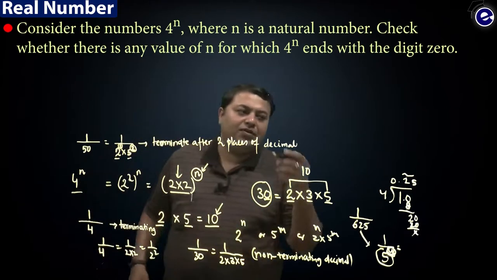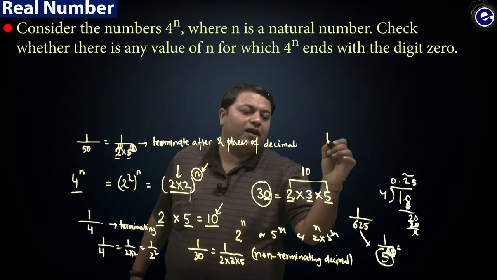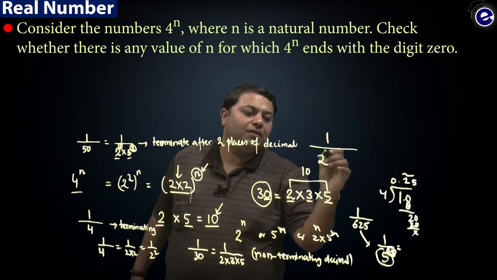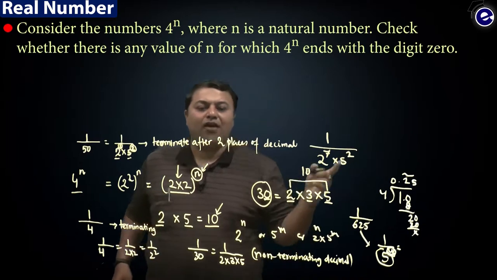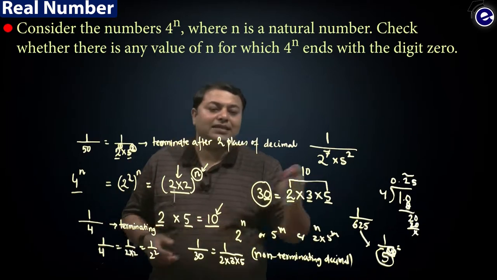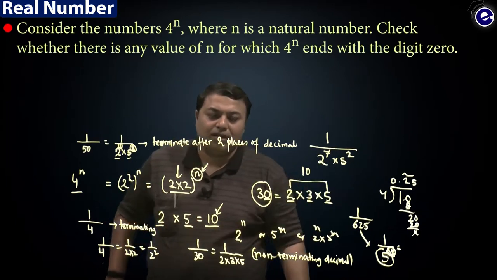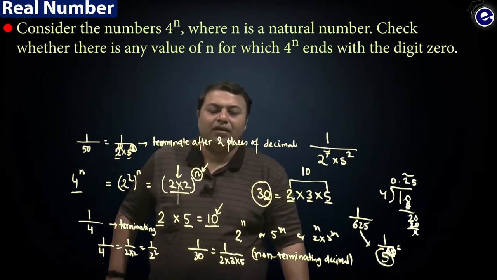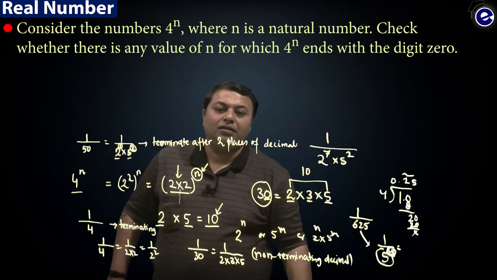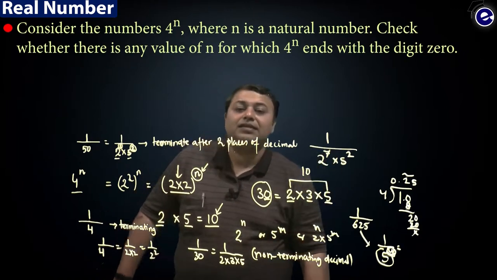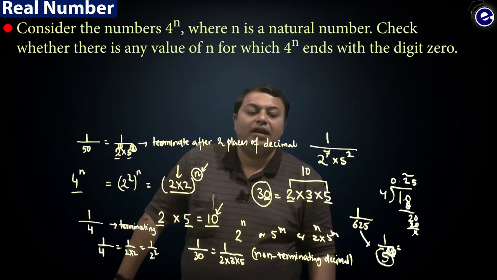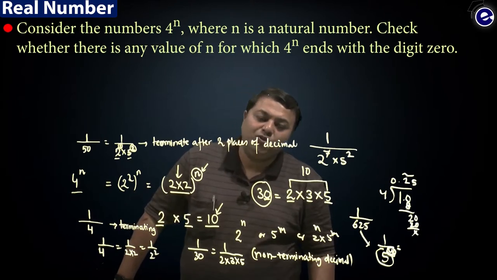More examples for you. Okay, let's do this. 1 by 2 to the power 7 into 5 to the power 2. Is it terminating or not? Let's guess that one. It will be terminating. Why? Because the denominator, first of all, is in the lowest terms, and it consists of the prime factors 2's and 5's only.